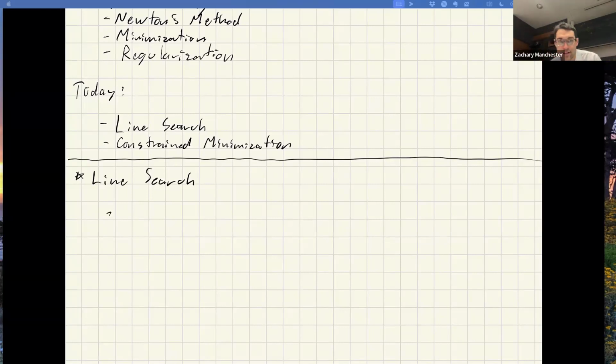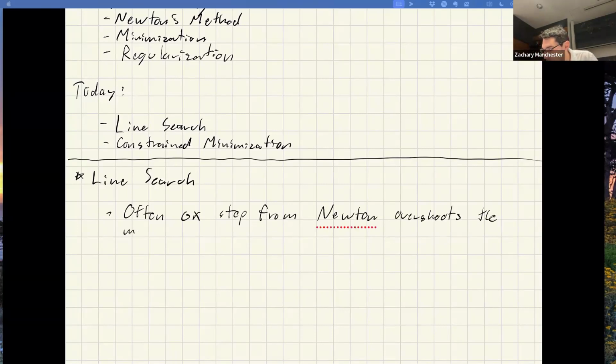As we saw at the end of last time, we can often get a step from Newton's method, delta x, that overshoots the minimum, right? And that's bad, so we want to fix that.